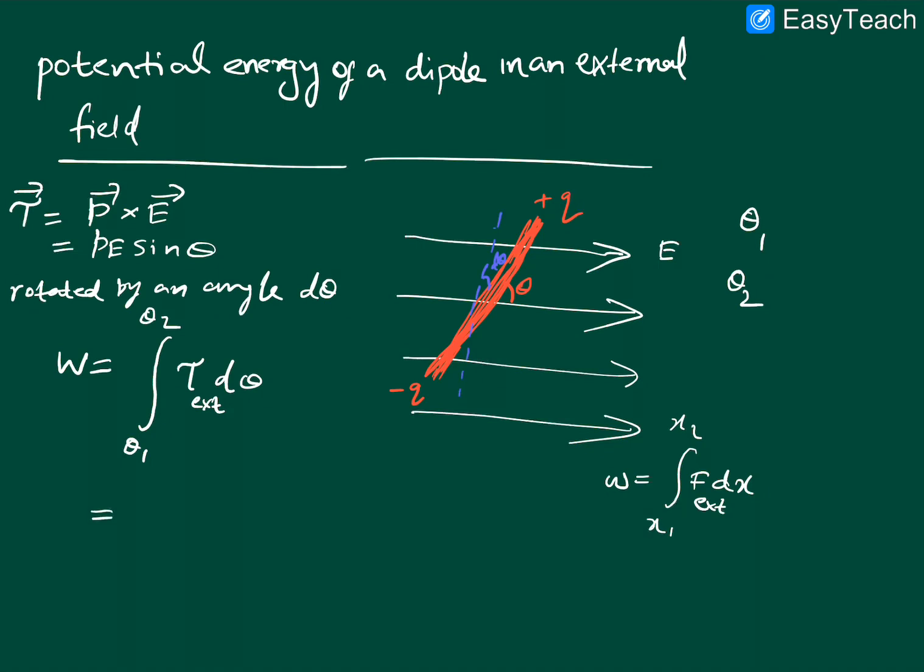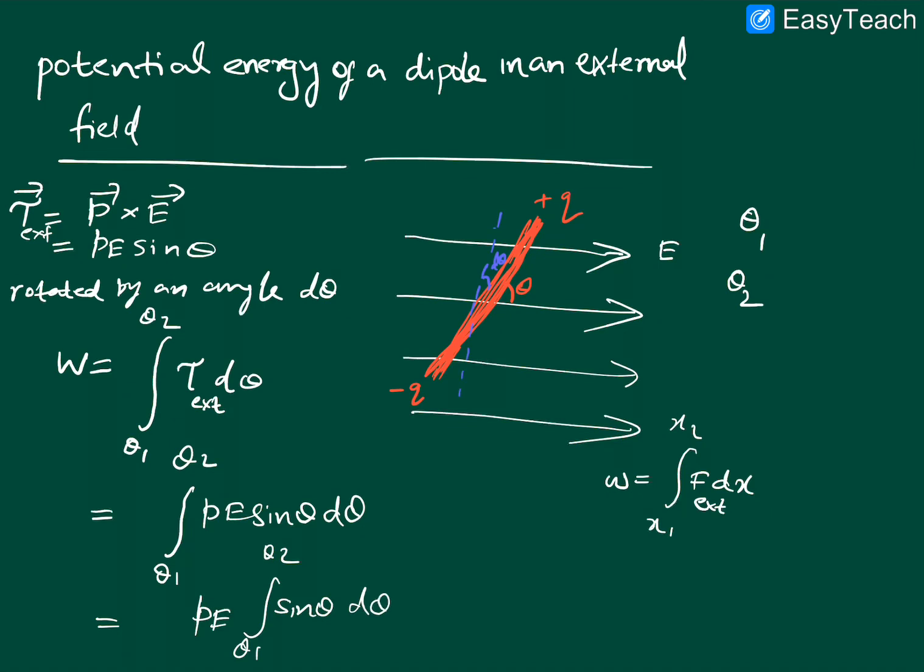Now you can substitute the values, theta 1 to theta 2. What is tau external? It is given here: tau external is equal to pE sin theta, and d theta is there. pE is constant, so you can take it out: pE times the integral from theta 1 to theta 2 of sin theta d theta.